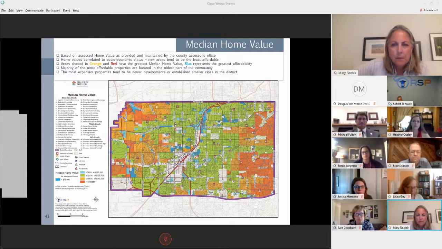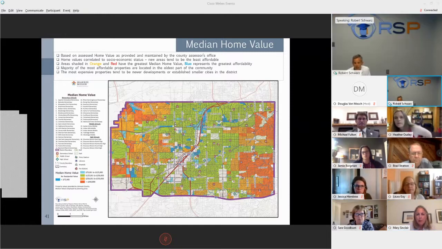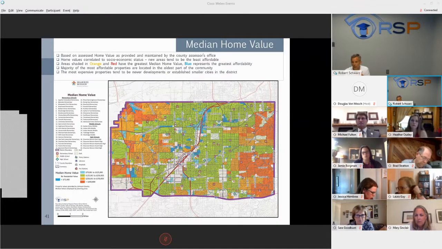A great question. So I'll go back to page 41 that I'm now showing on your screen. One of the indicators that we really focus on in a mature district is the value of homes and the type of housing product. So is it single family, is it multifamily? Focusing on, there's some of your inventory that might be Section 8 or low income housing.